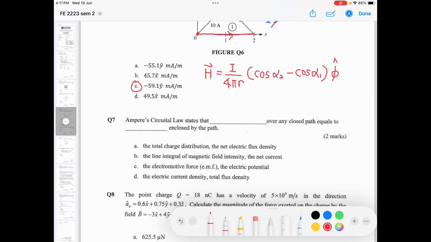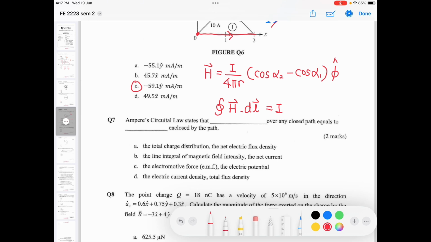Ampere's circuital law states that the line integral over any closed path equals what is enclosed by the path. This is Ampere's law talking about the magnetic field. So for the magnetic field, Ampere's law is this one, equal to the I enclosed by the path.